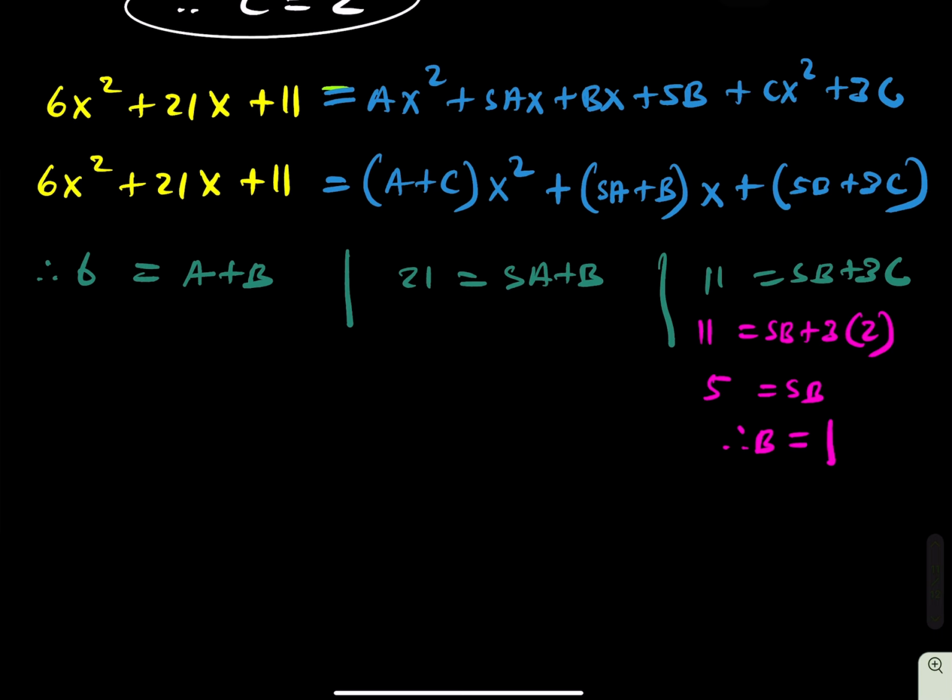And you want to get a. Your a, you are going to get it here or here, one of the two. It's going to be very easy. You can even plug it here.